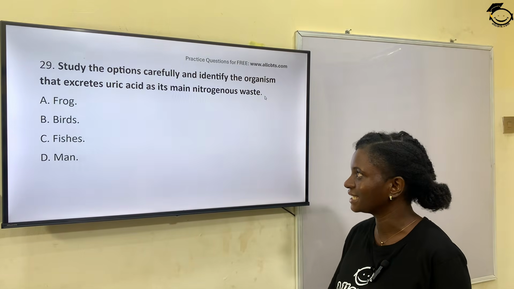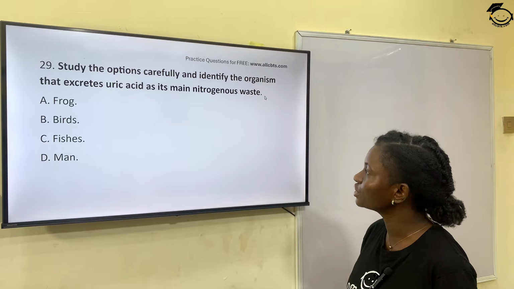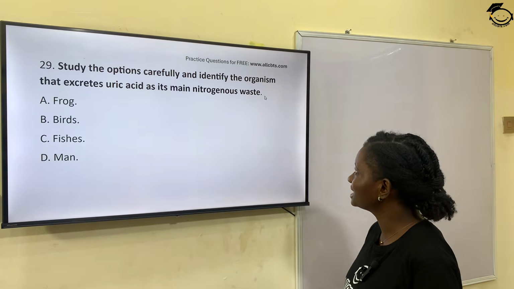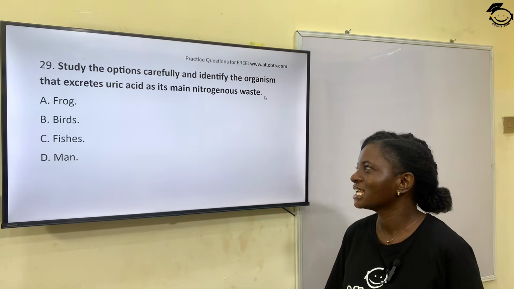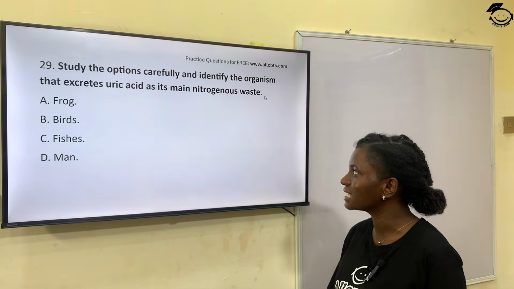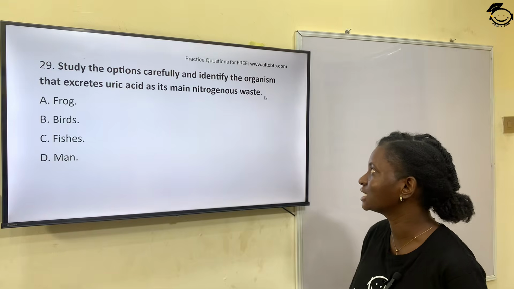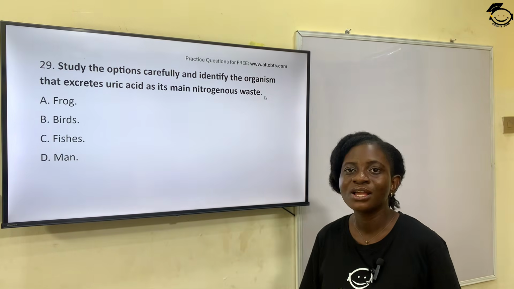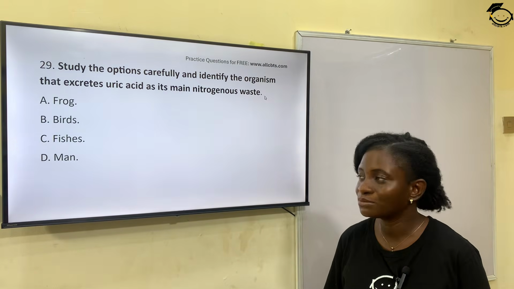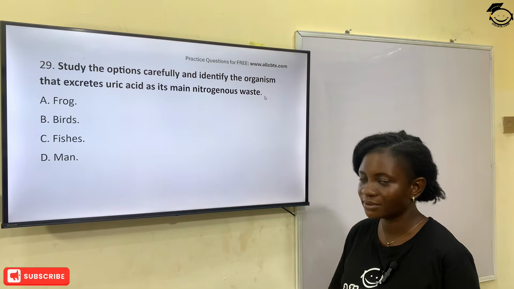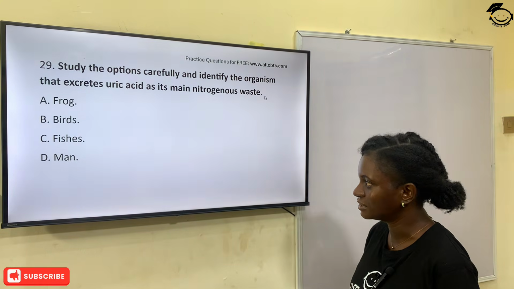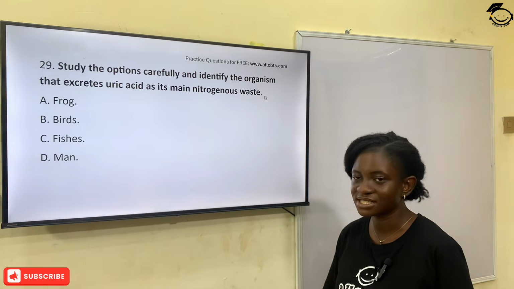Question 29. Study the options carefully and identify the organism that excretes uric acid as its main nitrogenous waste. So let's take a look at the options. Option A, frog. Option B, birds. Option C, fishes.